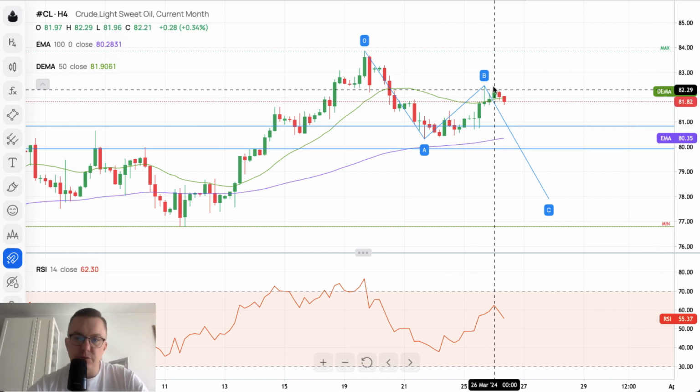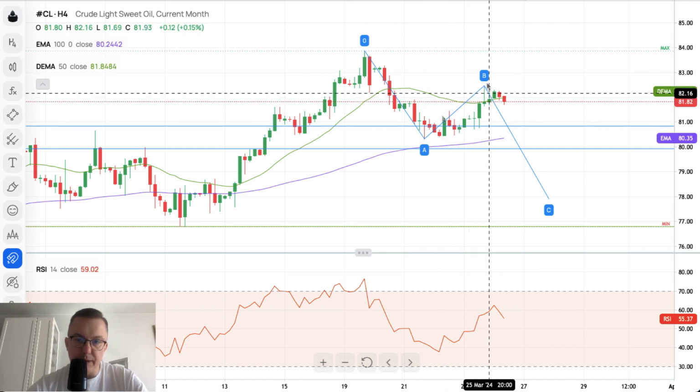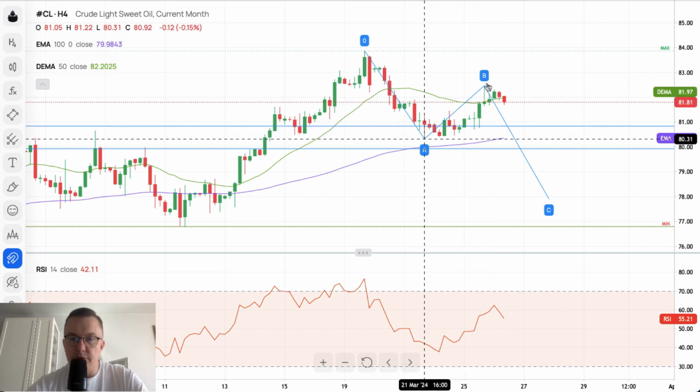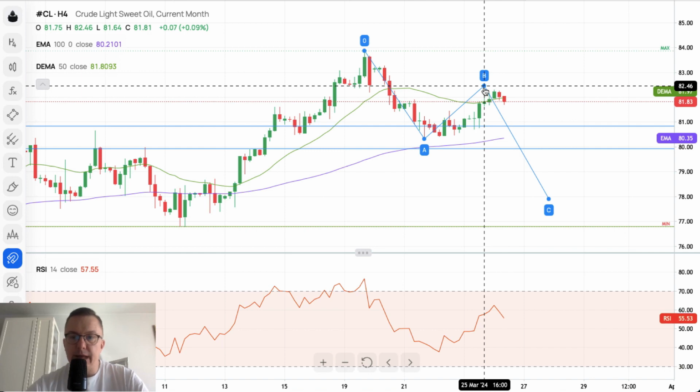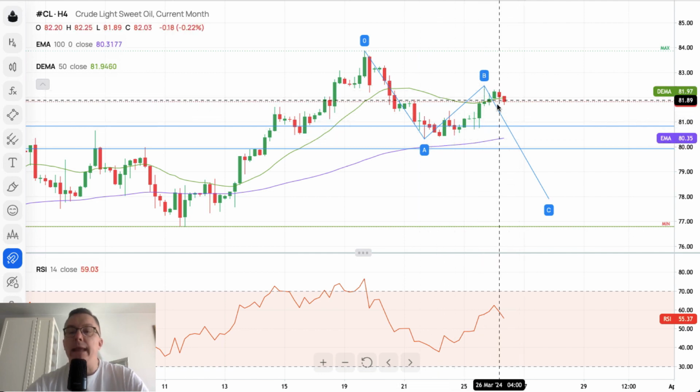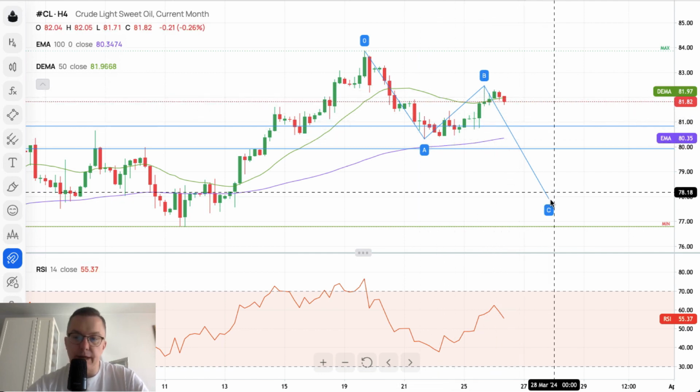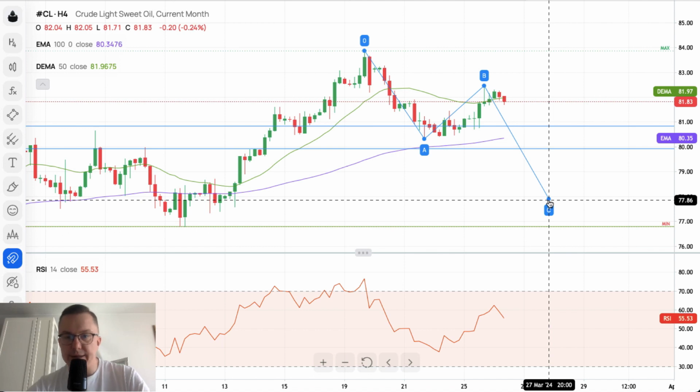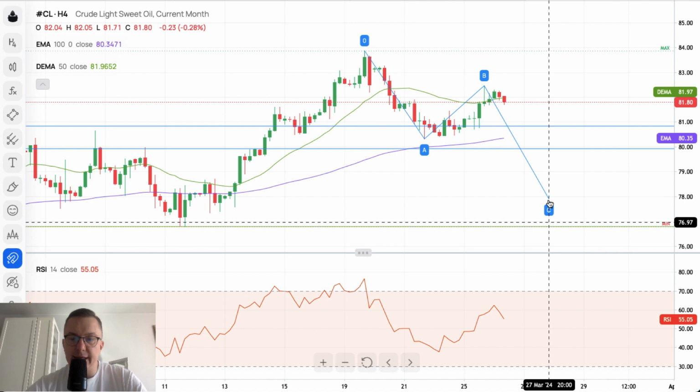It looks more like a part of the ABC correction, looks more like a wave B counter-trend, short-term counter-trend correction, okay, in a subwave. And then of course, when we're done, we might expand to the downside when wave C, which should be impulsive, would even hit the levels of 76.77. That's everything from me for today.